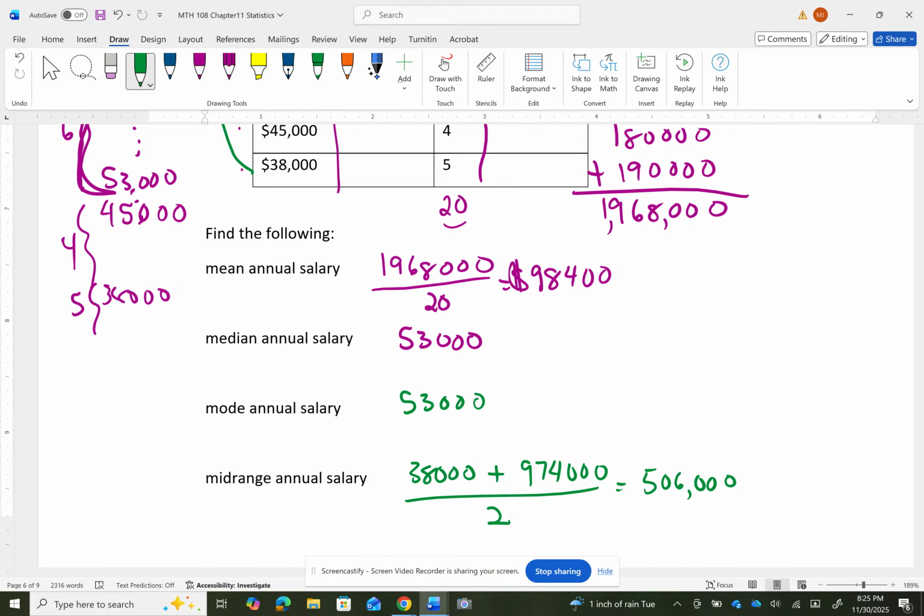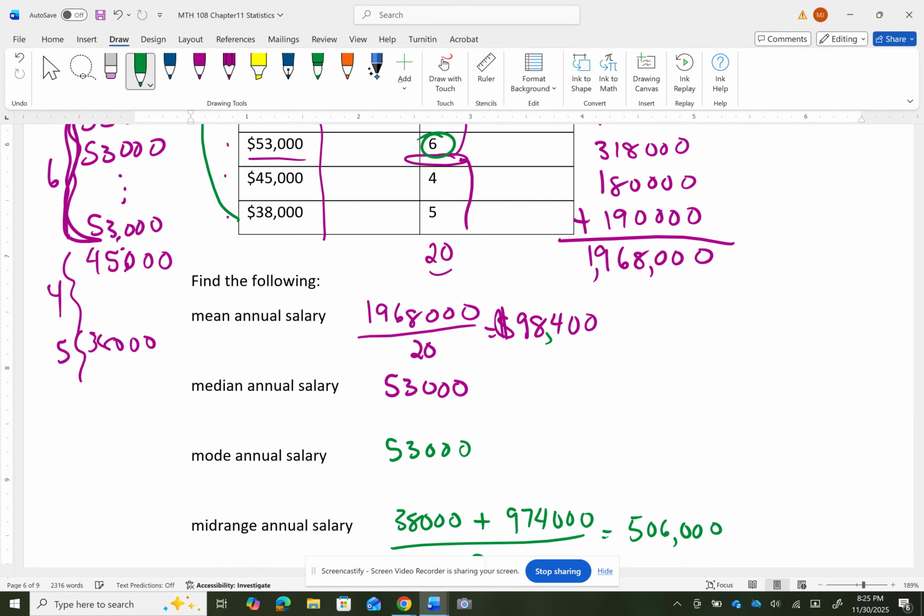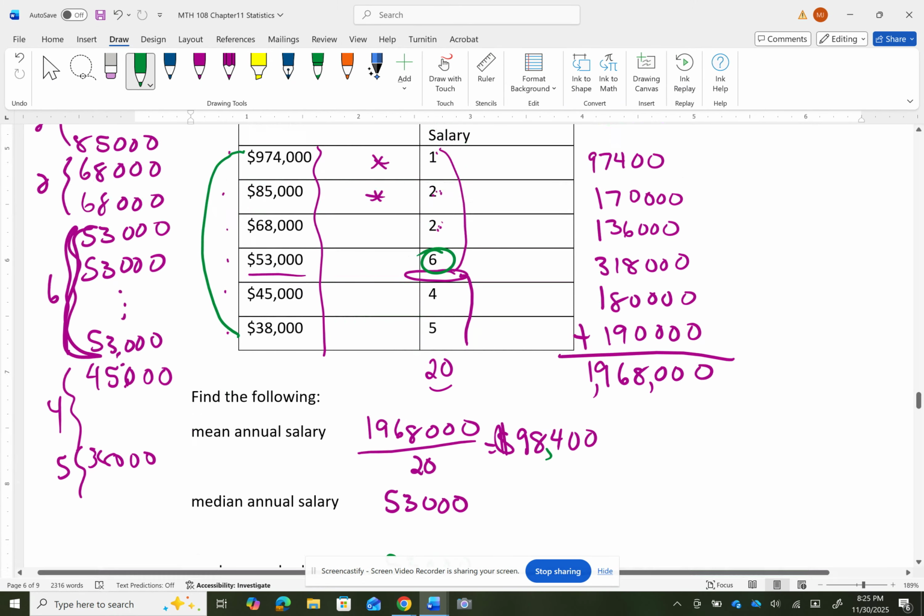If you look at that, these 19 salaries right here are less than that. Even though 98,400 is technically the mean, there are 19 salaries that are less than that.